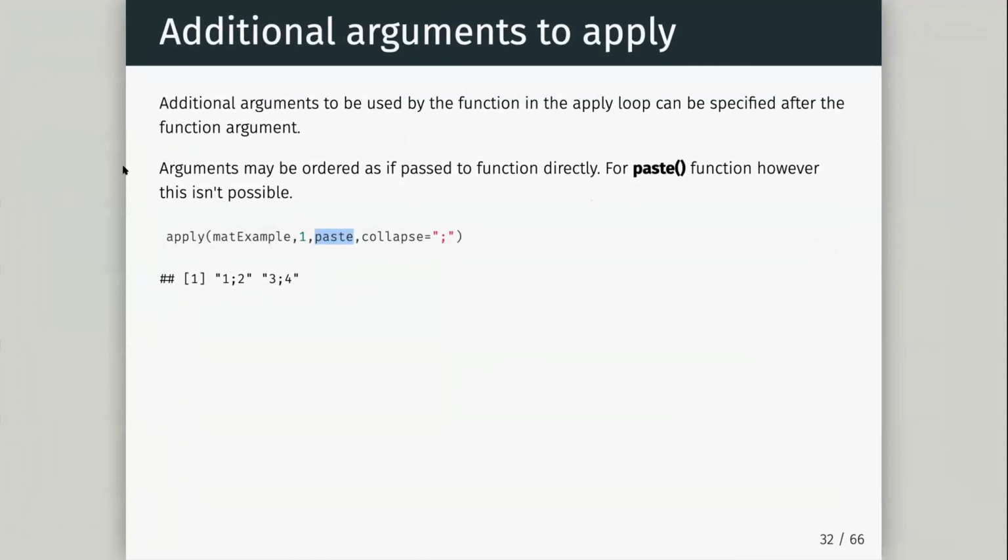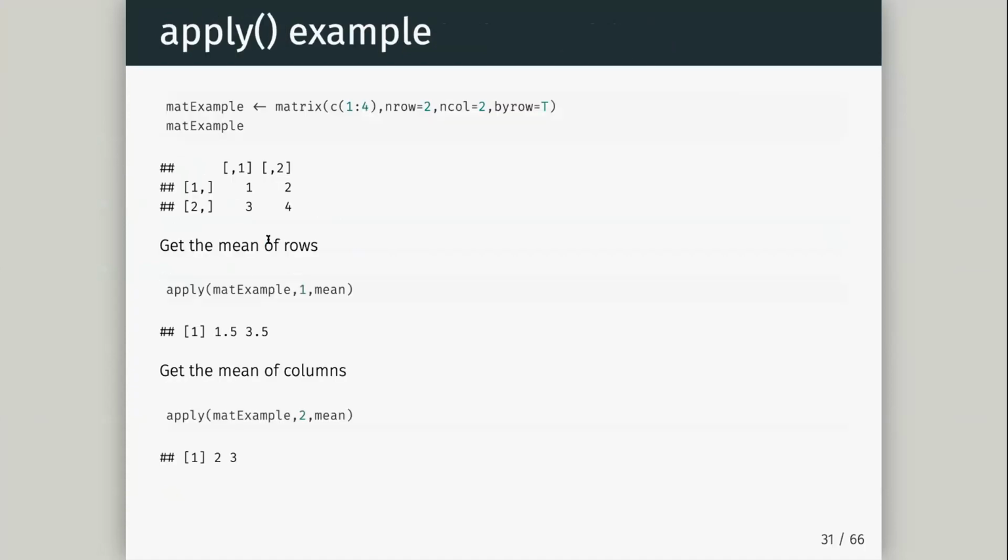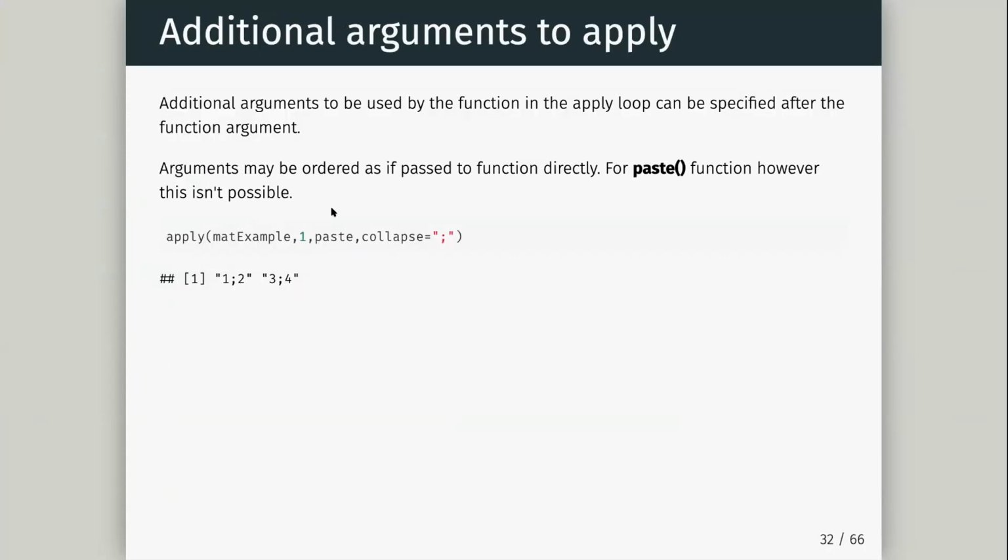So in this case, paste is a function for putting things together. If we want to operate on every row here, I need to give it another argument. So paste wants another argument. It's a function; it itself takes arguments.